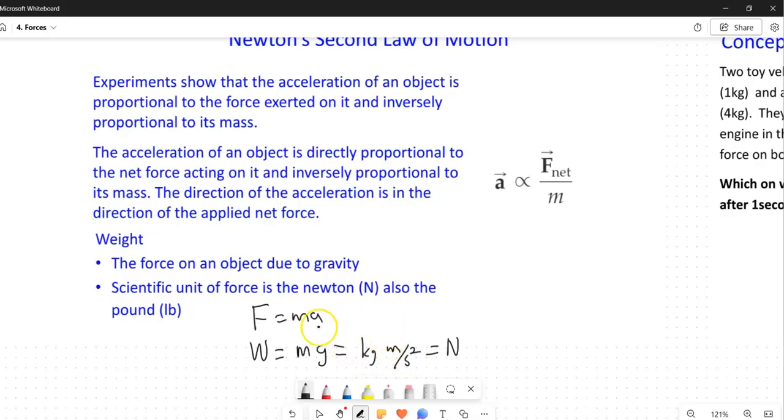Okay. In America, we call that Newton force pounds. But in Britain and other countries, they just refer to mass in kilograms. So we are talking about two different concepts. When they're talking about mass, we're talking about weight.